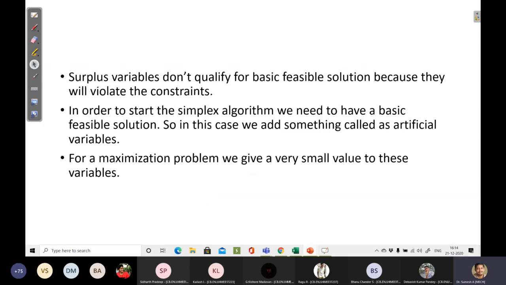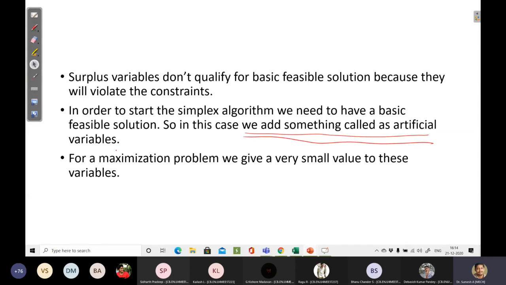Surplus variables don't qualify for a basic feasible solution because they will violate the constraints. And in order to start the simplex algorithm, we need to have a basic feasible solution. If it comes like that, with a greater than or equal to symbol, we need to add one more variable into the problem to make minus s1 a positive coefficient, that is called an artificial variable.